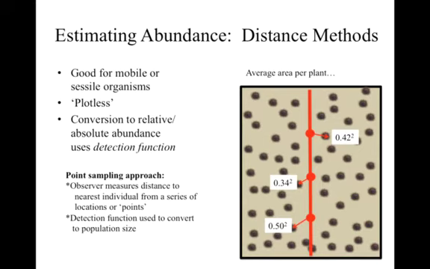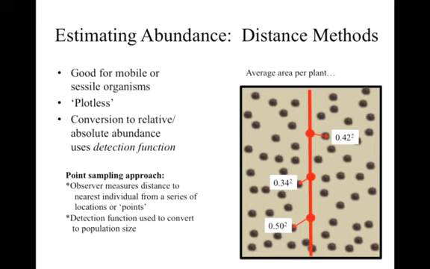If it's about 0.34 to the second urchin, then 0.34 meters squared is about the area taken up by an urchin. Same thing, if I measure 0.5 to the third urchin, then I can say, well, on average, urchins take about 0.5 meters squared in terms of the space each one takes up.